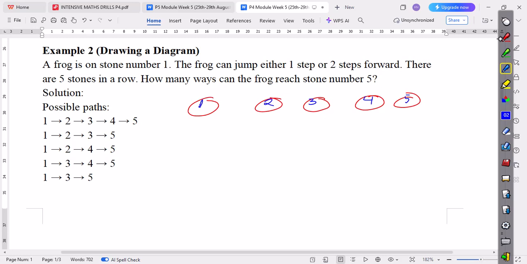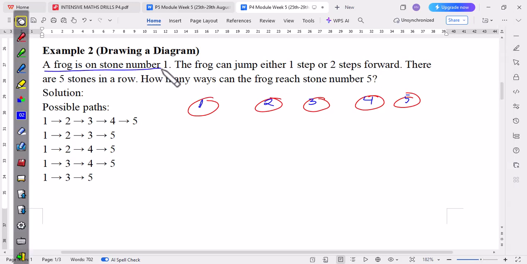So we make the frog here. The frog can jump either one step or two steps. It means this frog can go to number two or directly to number three. There are five stones in a row. How many ways can the frog reach stone number five?